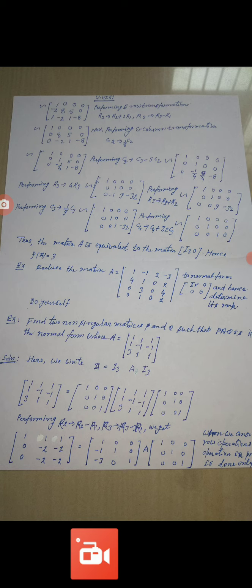Performing C3 as C3 minus 5C2, we get in first row 1 0 0 0, second row 0 1 0 0, in third row 0 minus 1 by 4, 9 by 4 and minus 8.